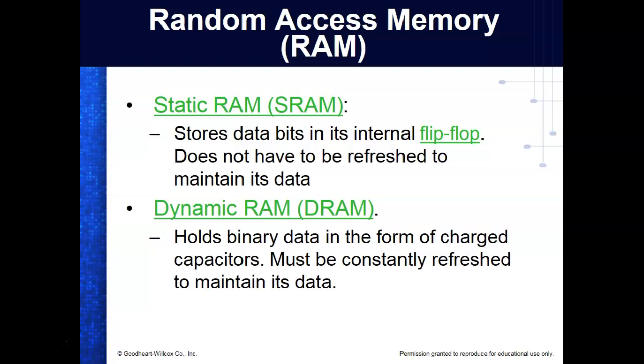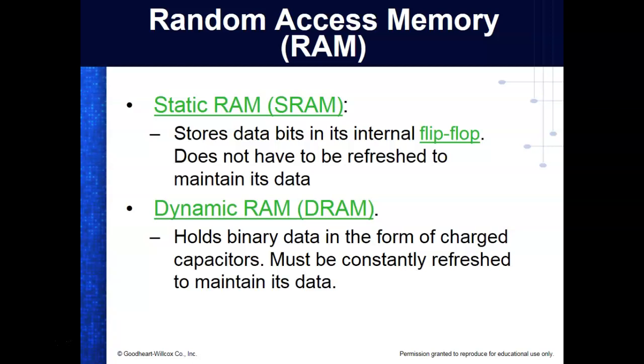So static memory, this is what your cache is made out of. Static memory is really fast. It takes up a lot of space. So transistors, which are our main electronic device that we use to manipulate data, it takes 5 transistors per every bit of static memory to hold either a 1 or a 0.